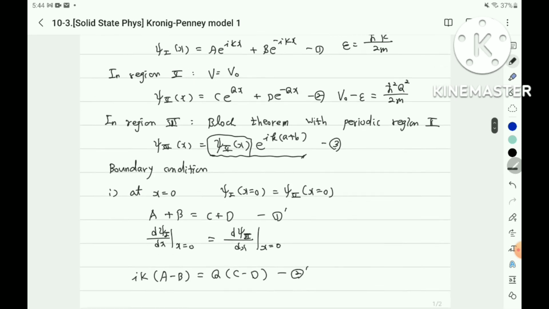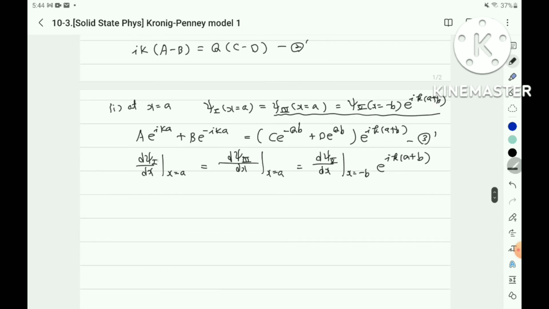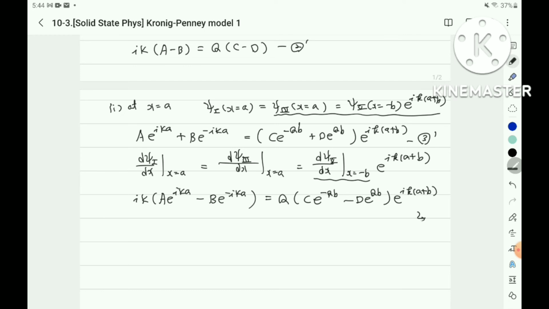Therefore, d psi 1 dx is ik a exponential ika minus b exponential minus ika, and this equals q c exponential minus qb minus d exponential qb, times exponential ik(a plus b). It is the fourth equation.